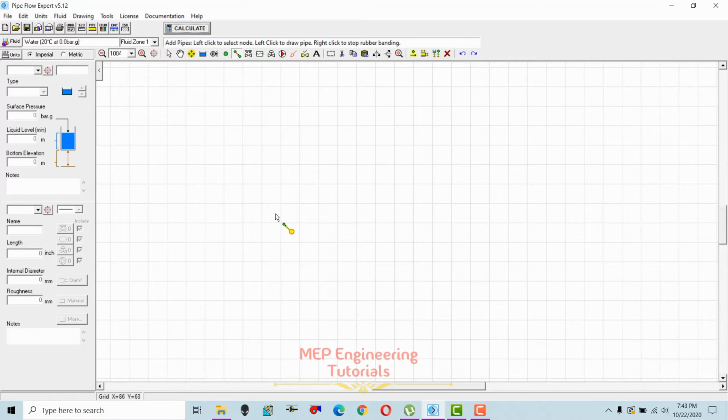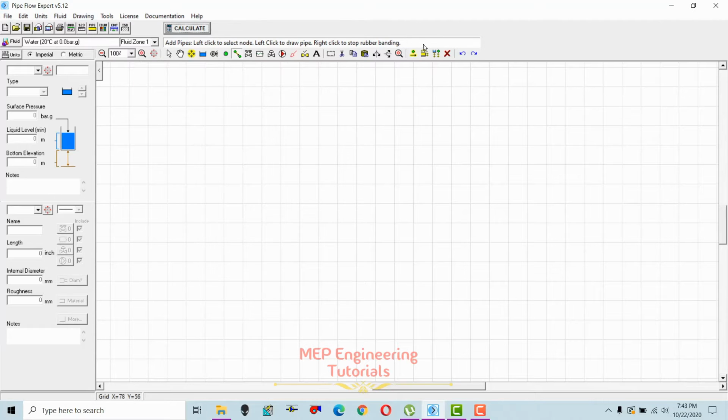Before starting drawing the pipes on the grid, let me tell you something about this software. This is the drawing grid area on which we are going to draw the pipes and place pumps, flow control valves and tanks. And this is the area where you can see the pipes, tanks and their properties.